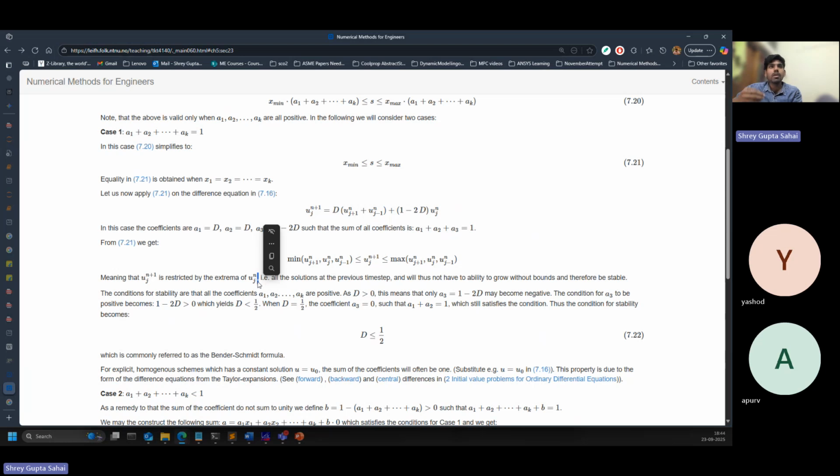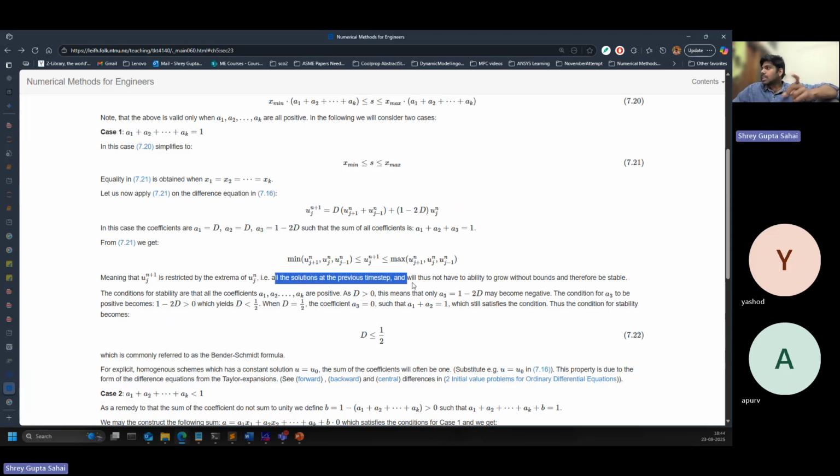In the next time step, all those values are going to be between the extreme values in the initial condition, so you are not going to be unstable. You see how the idea of instability is coming in.